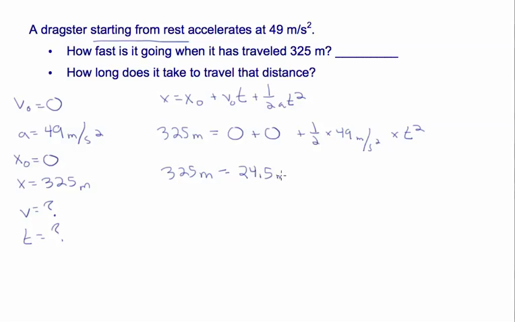And then we divide both sides. And I'm not going to do that math right now because I have to round then. But that gives us something like 13.265 equals t squared. And then we have to take the square root of both sides to get t.